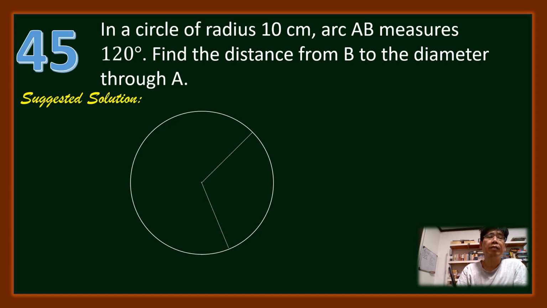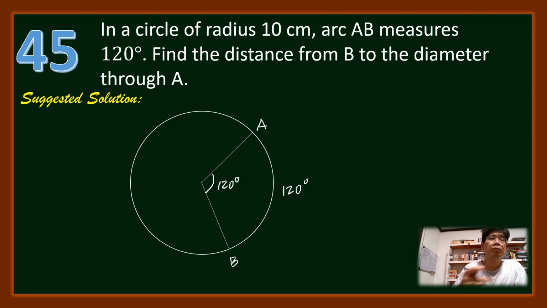Let us have point A and point B on the circle. This arc measures 120 degrees. From the central angle theorem, the central angle formed by the two radii is also equal to 120 degrees.